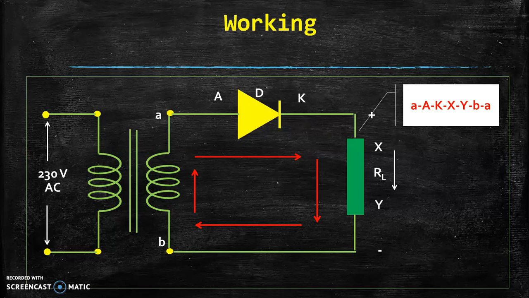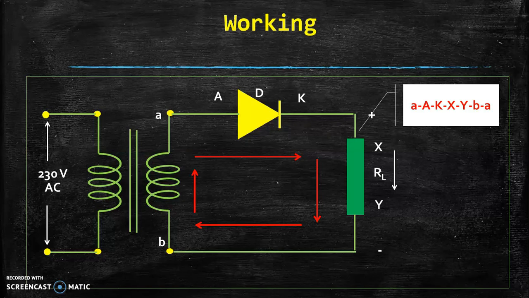During negative half cycle, point A is negative compared to point B, and diode is reverse biased. Anode is connected to point A, and that is more negative compared to point B. So during reverse bias condition, diode D will not allow current to pass from anode to cathode.